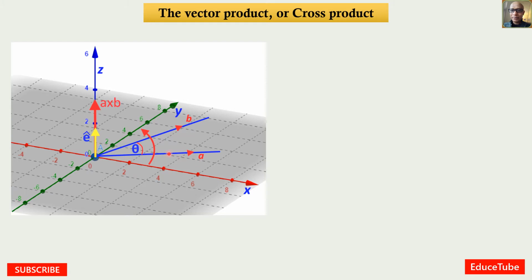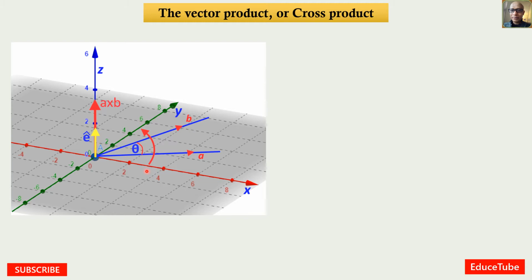And here it is anti-clockwise. This screw moves upward. That's why I showed the upward direction here.